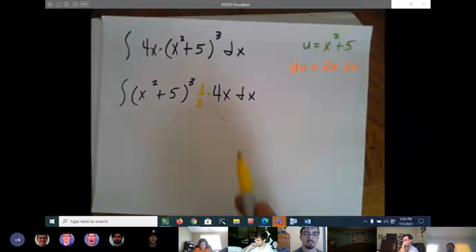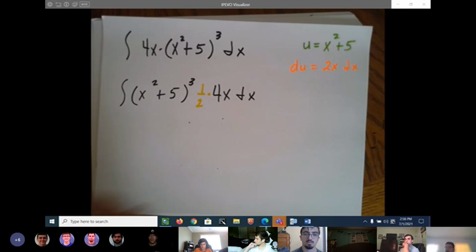Now I can't multiply something by 1/2 without canceling it out. So I've got to put a 2 out front. What is 2 times 1/2? 1. So I'm multiplying the whole thing by 1.